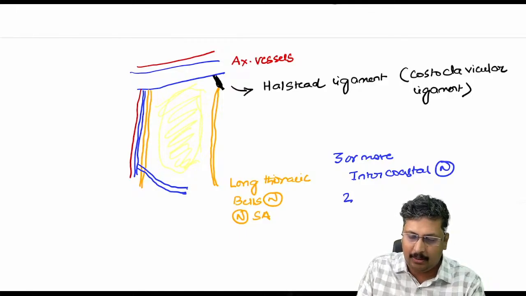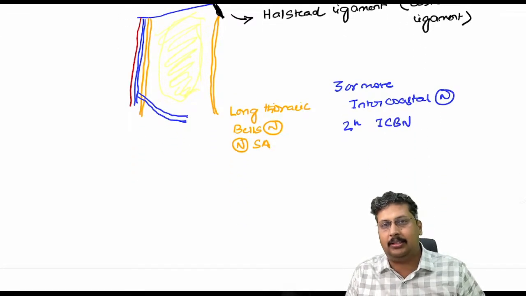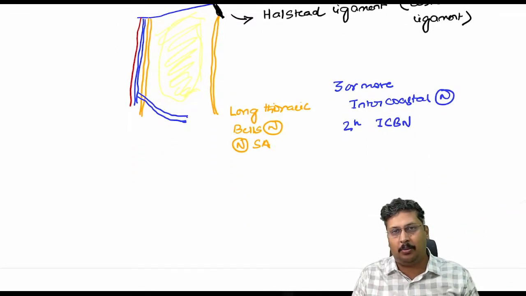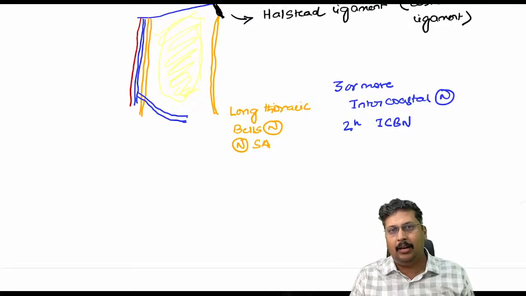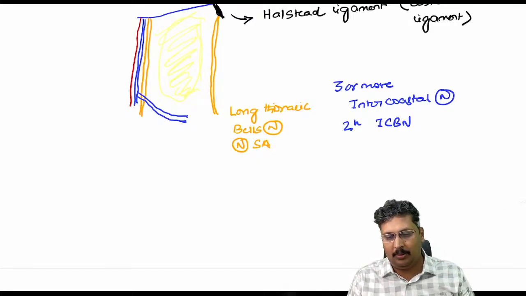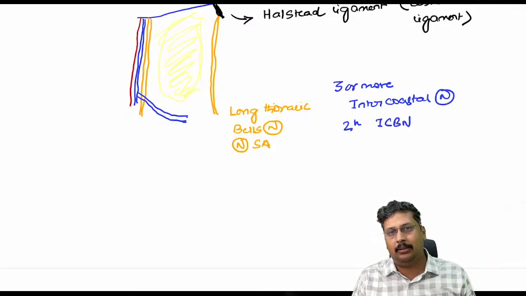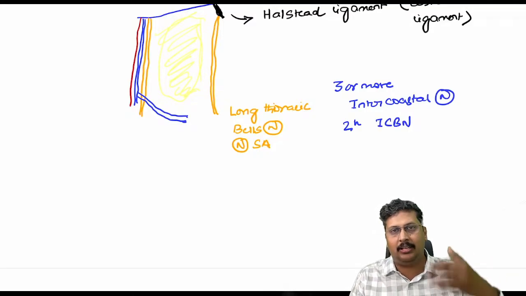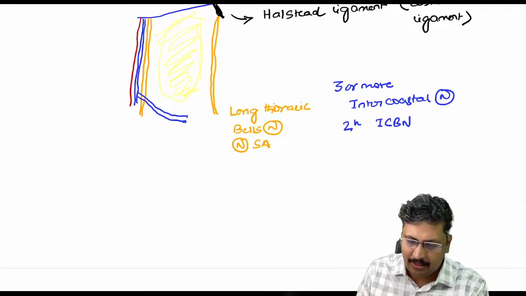The second intercostal nerve is called the intercostobrachial nerve, and usually it is advised not to go above the upper intercostal nerve, so that you will not remove the lymph nodes that are coming from the upper limb, and also it will decrease the chances of lymphedema in this patient. So when there are 3 or 4 intercostobrachial nerves, don't dissect the fibrofatty tissue that is above the upper intercostal nerve, so that you will decrease the chance of lymphedema.